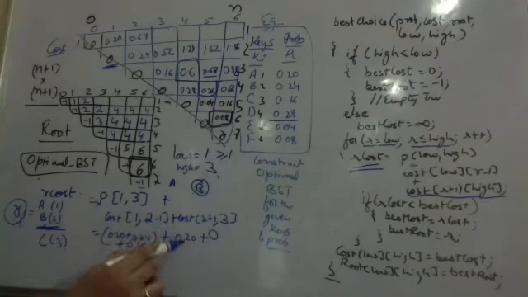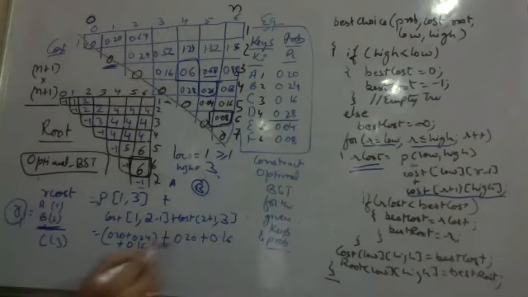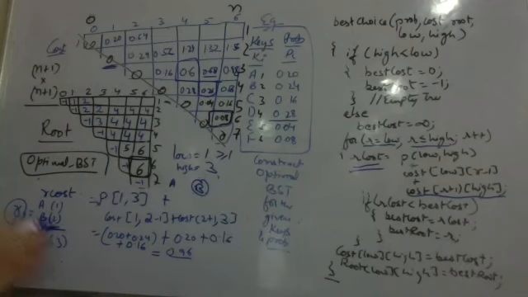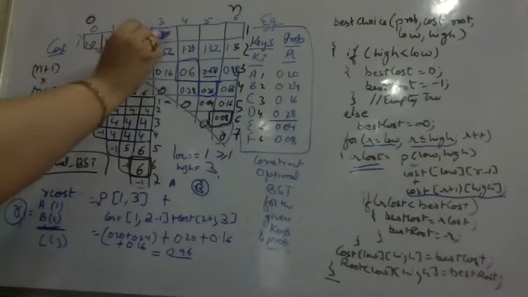Then the cost changes: here it is 1 comma 1, 0.2, and here it is 3 comma 3, which comes out to be 0.16. So the total cost comes out to be 0.96 with root 2. So the root is 2, the cost is 0.96.